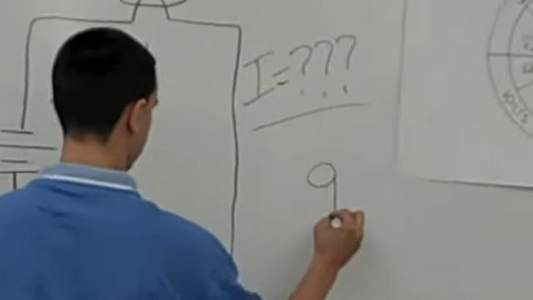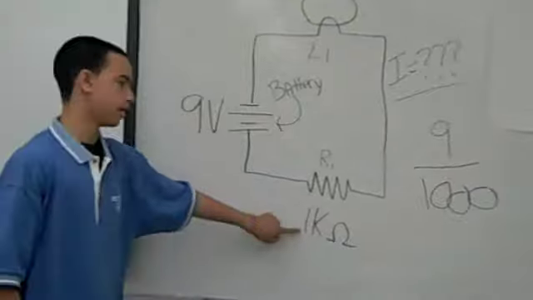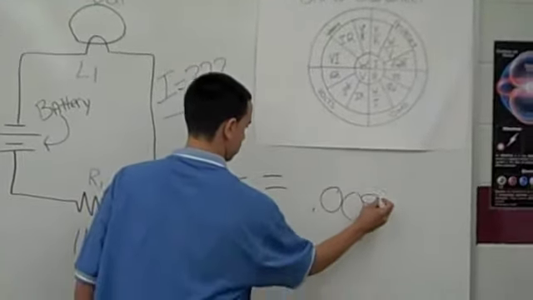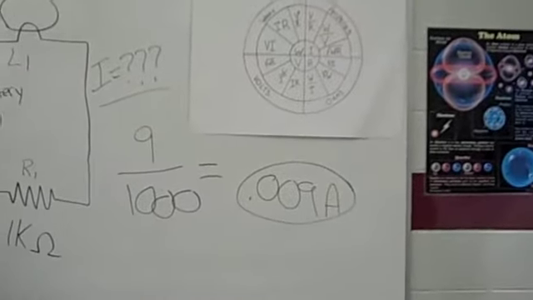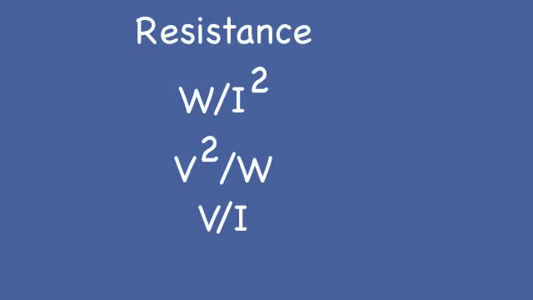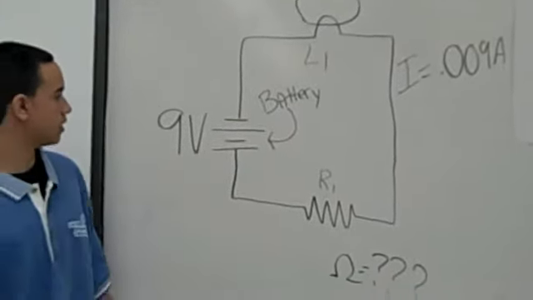So we go 9 divided by 1,000, which equals 0.009 amps, which is the current. Alright, now we're looking for resistance.